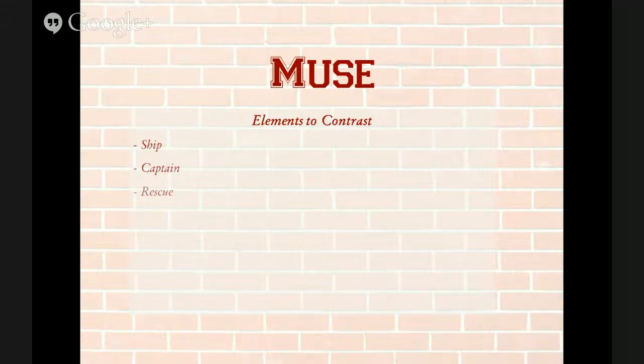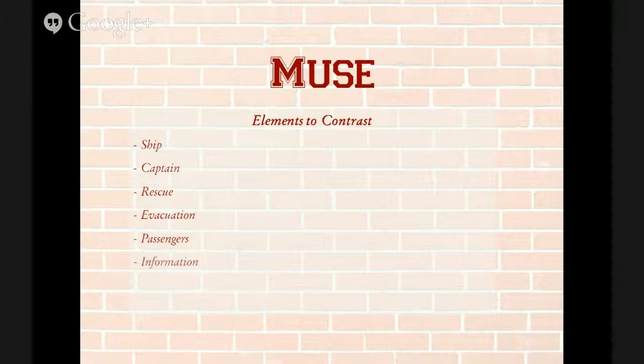You could also contrast the rescue. How were the people aboard the Titanic rescued versus the people aboard the Costa Concordia rescued? The evacuation. How did people exit the boat on the Titanic, and how did they exit the boat on the Costa Concordia? The passengers themselves aboard the Titanic, there were very strict social classes. I don't believe the same classes were there for the Costa Concordia, so that would be a difference.